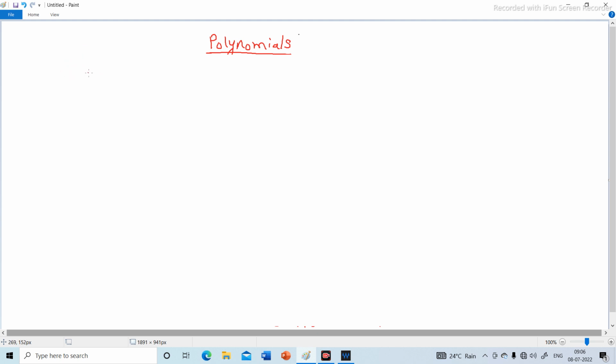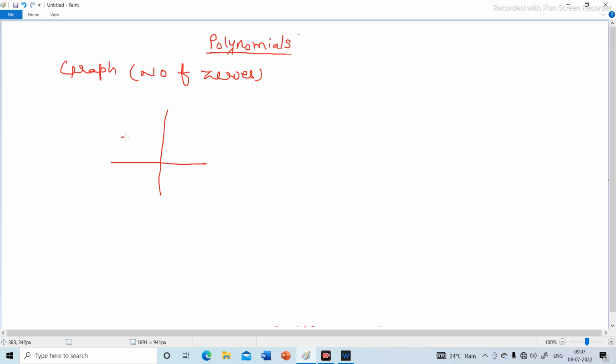Now, number of zeros from the graph. Here I have a graph with x dash, y and y dash. You can see there is no point of intersection on the x-axis.